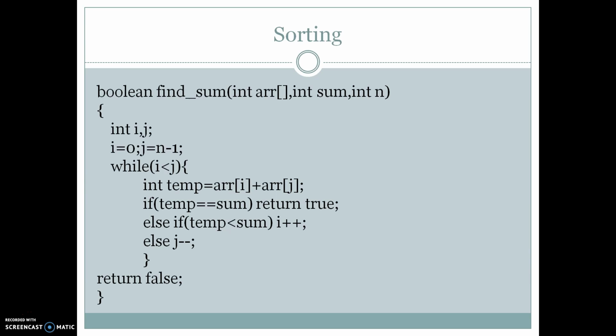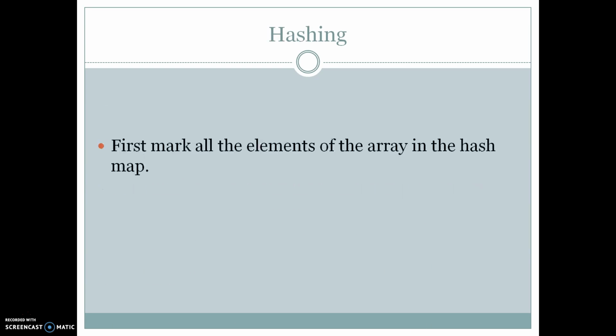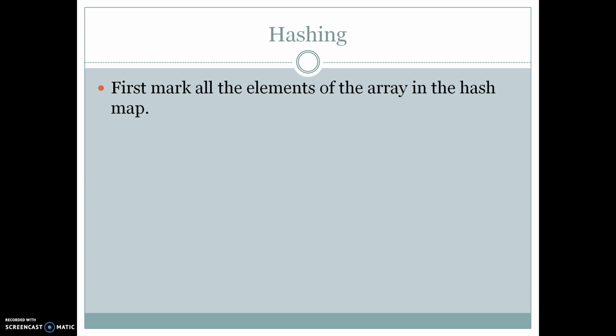So one more way of doing this is using hashing. In hashing, what we can do is mark each element in the array as present, and while we go through the array the next time, we can check if the conjugate of an element, that is the difference between the given sum and the element, is already present or not.